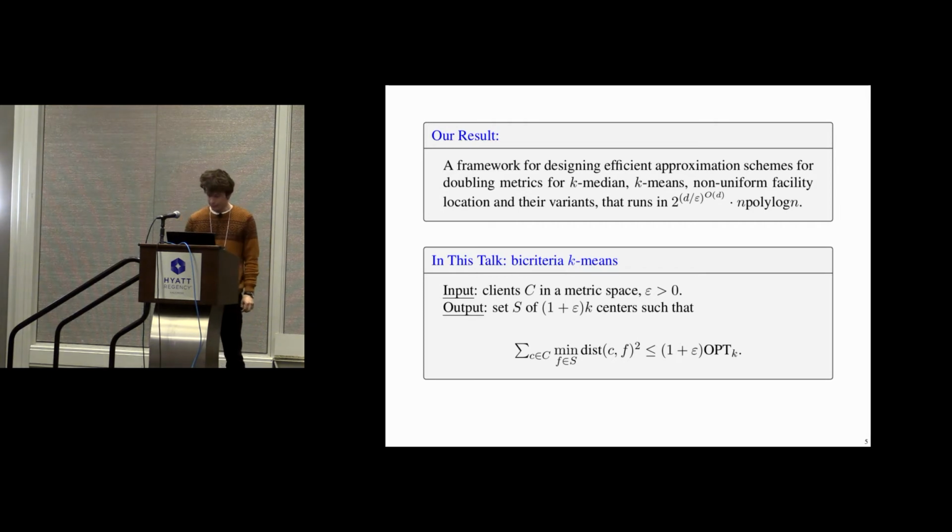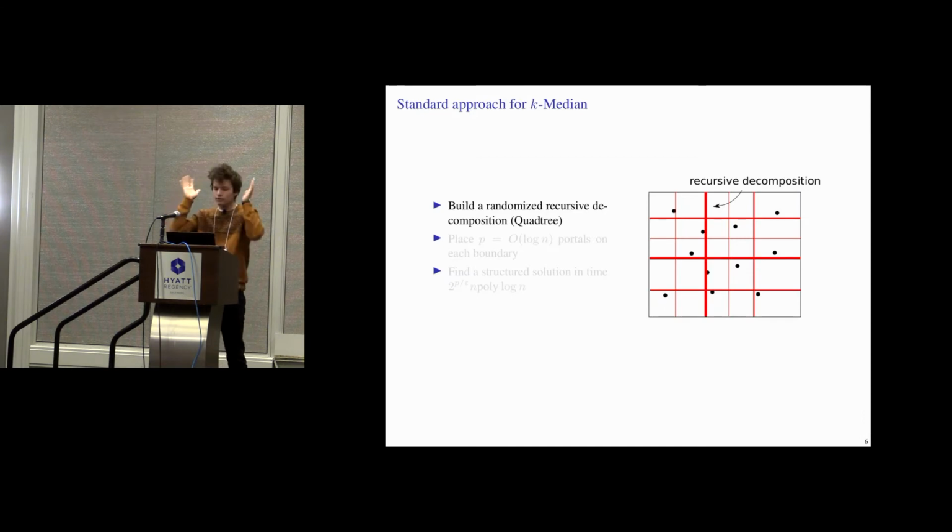Okay. So what's the standard approach? I'm going first to show the standard approach for k-median, and try to explain briefly why it doesn't work for k-means, and then we show how we modify it to make it work. So we start by building a randomized recursive decomposition called the quadtree.